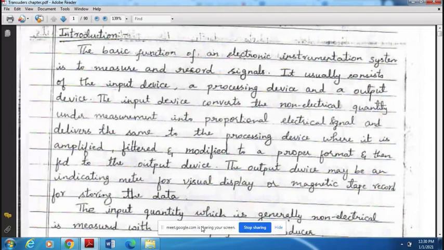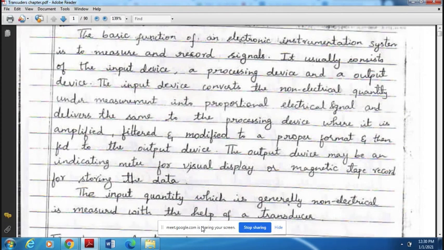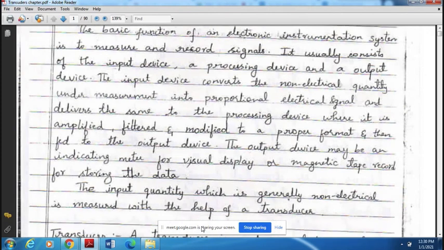Yes, any other applications? Anyone, anywhere? What are the different types? Okay, this is one of the types of transducers. What you told, it converts into electrical quantities. What are the other types? How are these transducers classified?